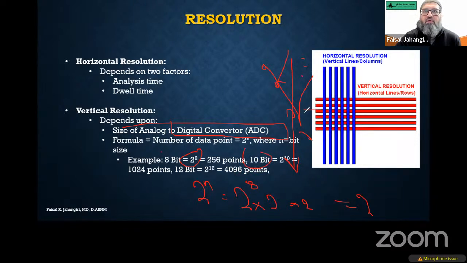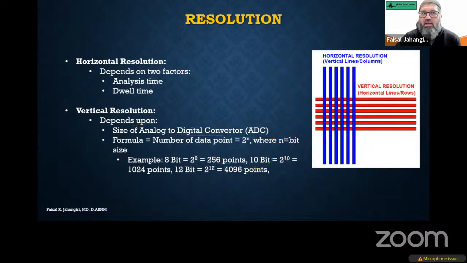That means from the middle, you have 512 points above and 512 below. If you use 12-bit, you have 4096 points. So the more bits you have, the better resolution you have because you have more points on the screen. So when you join those points to draw the image, the image will be more smooth instead of zigzag.